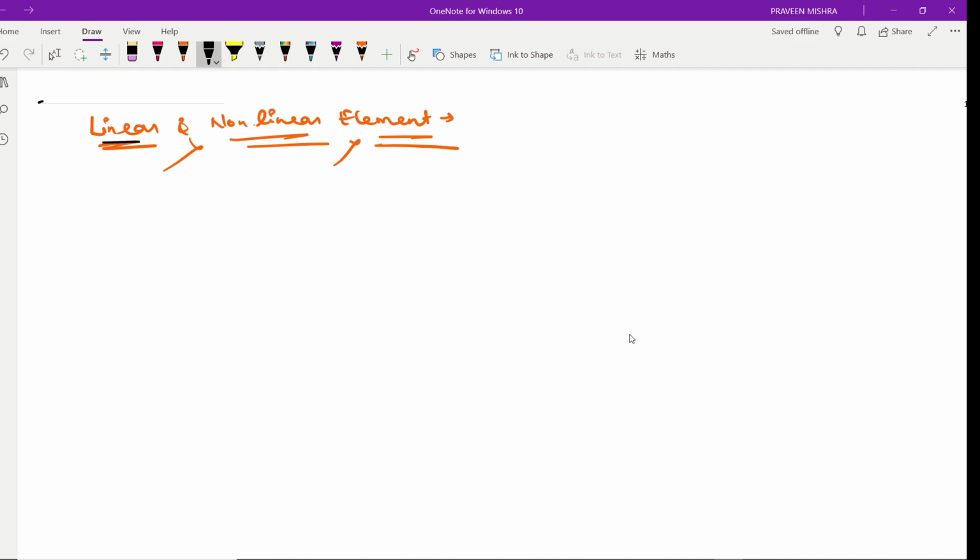What is a linear and non-linear element?